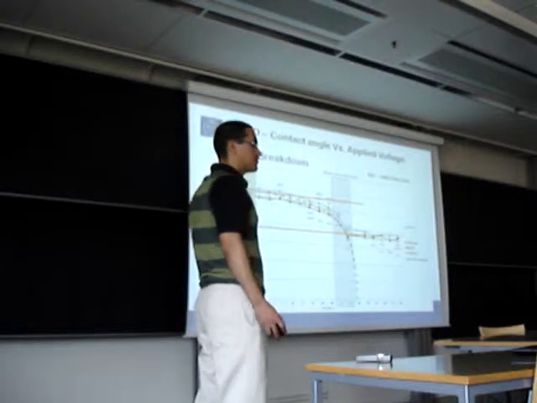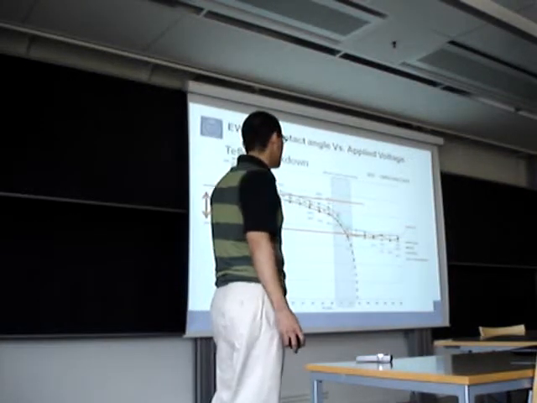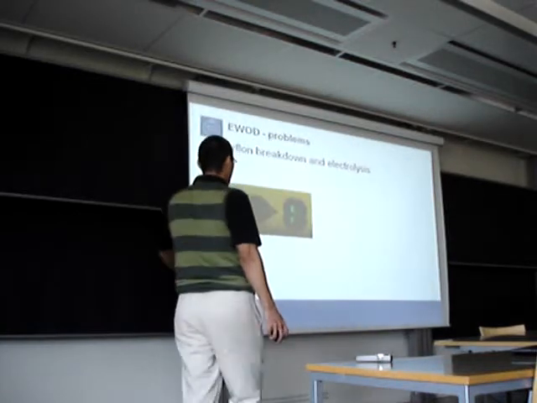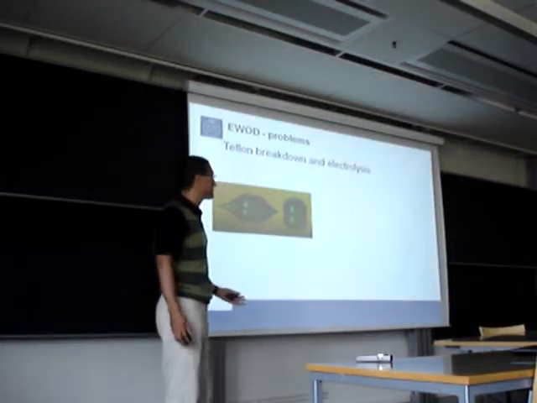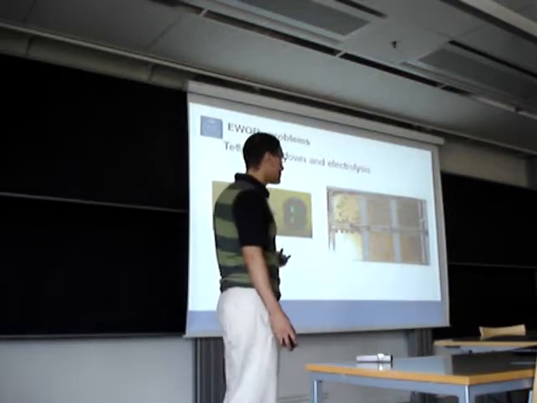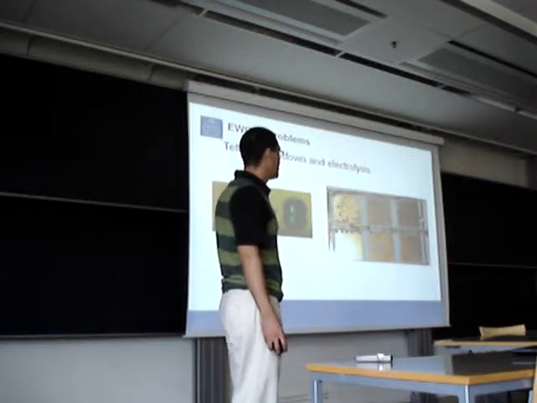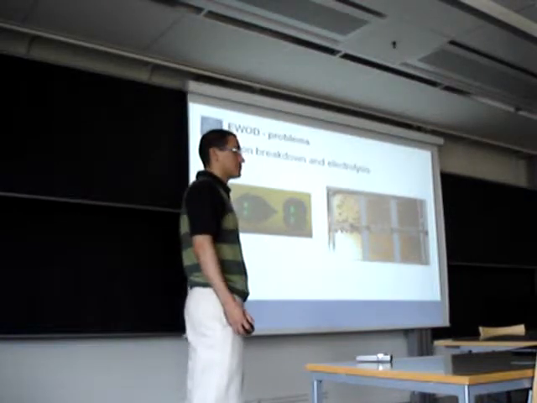So with that, I knew that before breaking down, I can change the contact angle measurements a lot. Another problem that I found during this test was that the Teflon breaks and the surfaces were not hydrophobic anymore. And they were formed by electrolysis because of pinholes or some breakdown of the Teflon on the surface.